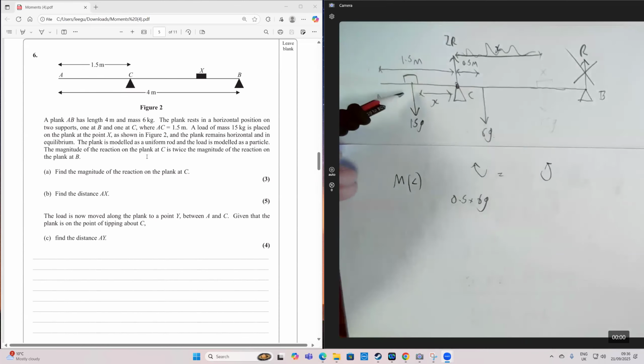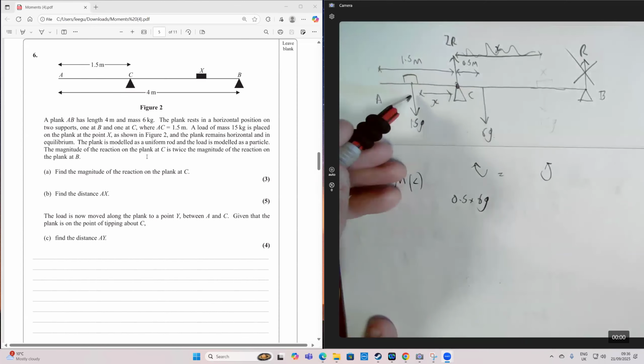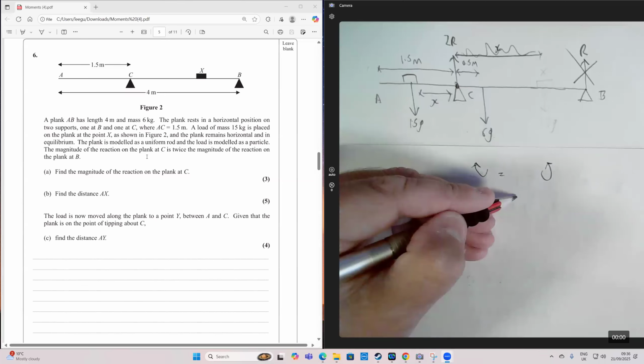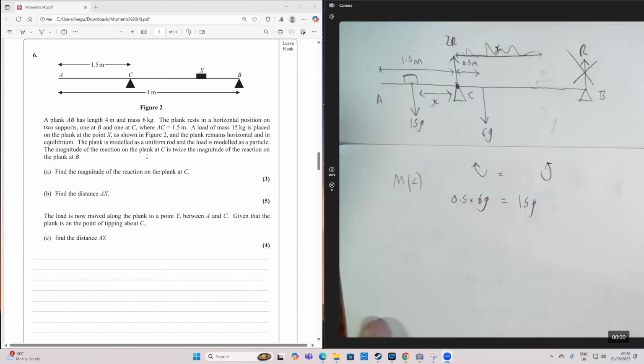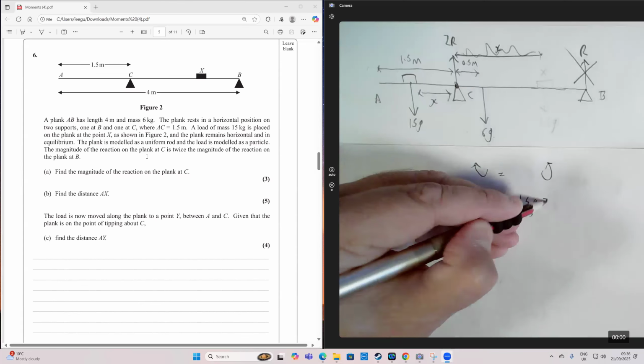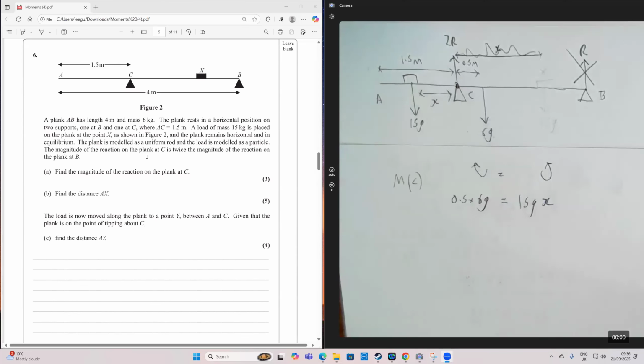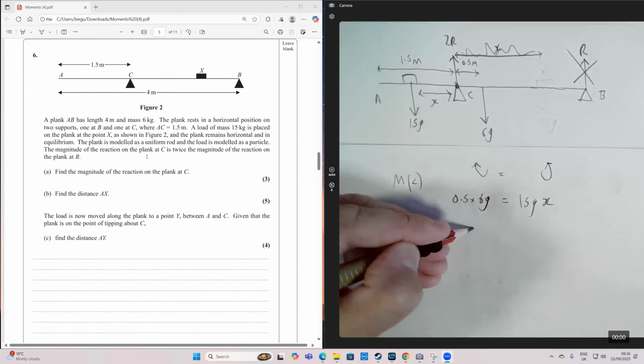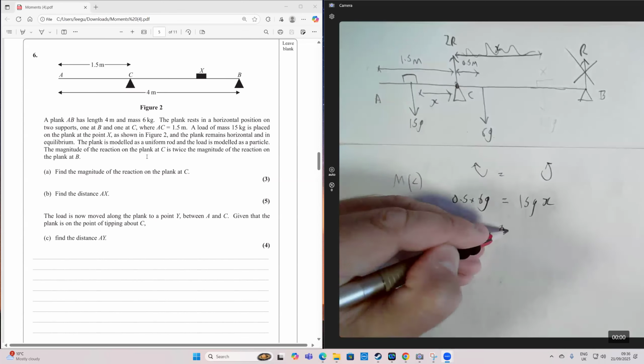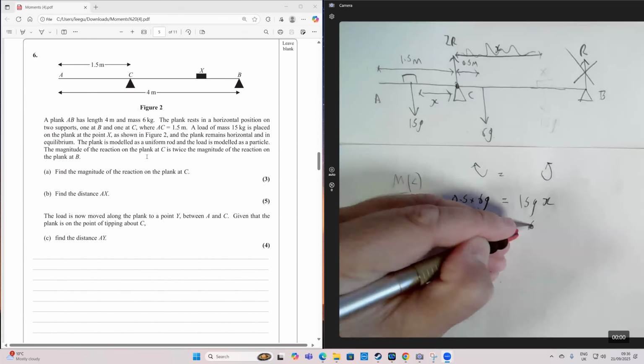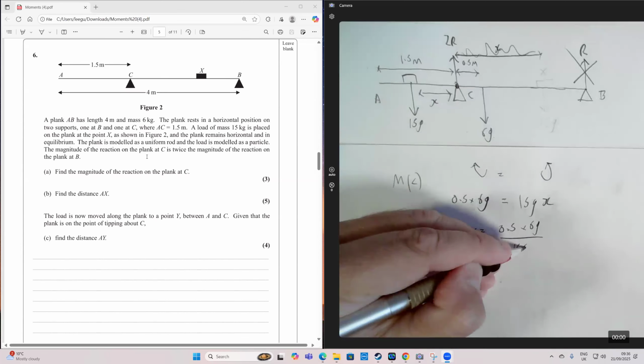And then let's have a look and see what we've got for our anti-clockwise turning moments. Our anti-clockwise turning moment is just given actually by the 15g, the mass of the object, times by its distance away from C. That's quite nice actually. So therefore x is equal to 0.5 times by 6g over 15g.